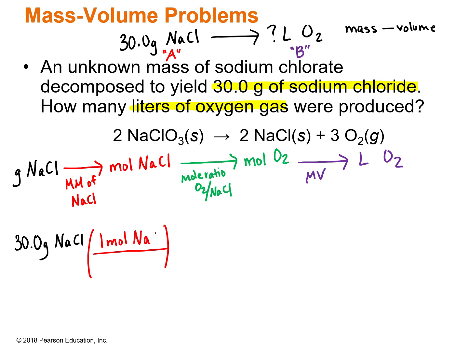But even if you just had placeholders for those things, you could set up your unit factors and know what goes where. That's great. So that's going to get us to moles of sodium chloride.